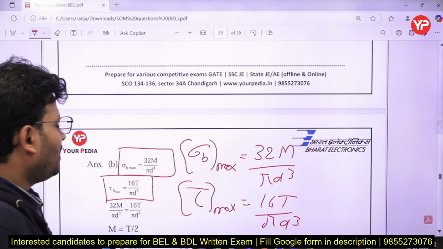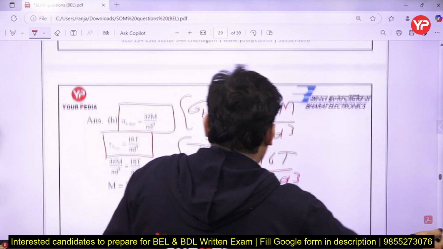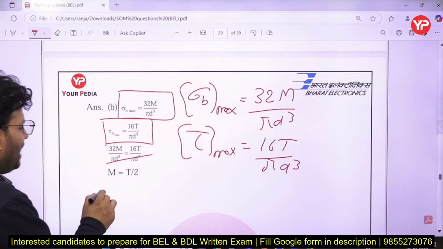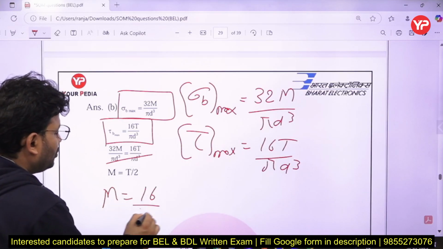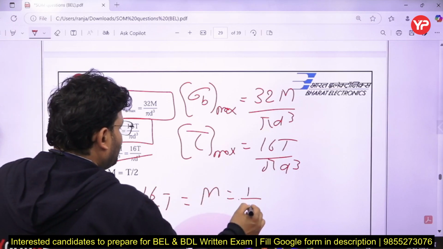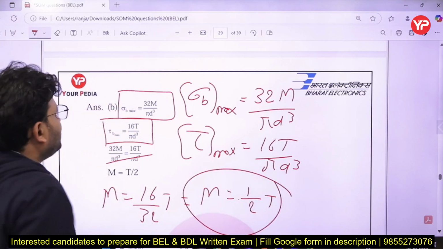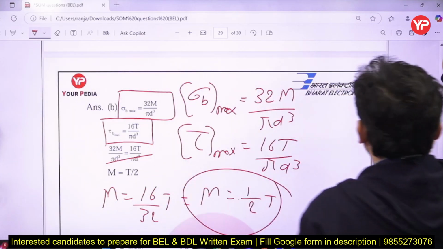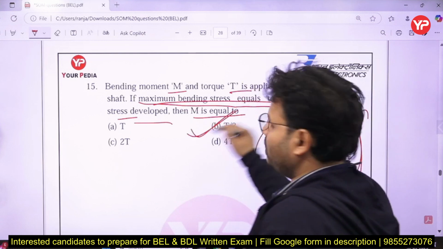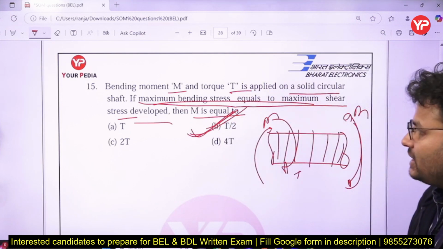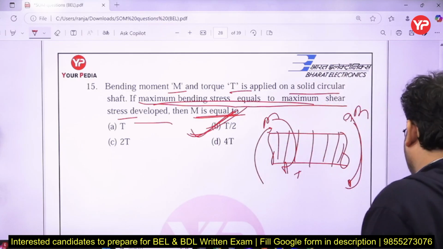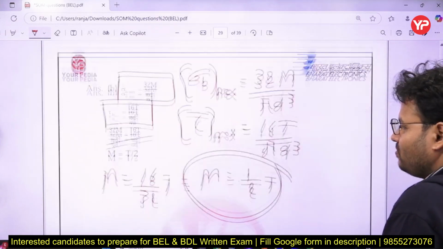Both are equal now, so that will be cancelled out. So M will be 16 upon 32 T. So we can say M equals half of T. So which option holds? Yes, B is the right answer. So M is equal to half of T, or T upon 2, or half of the torque applied.